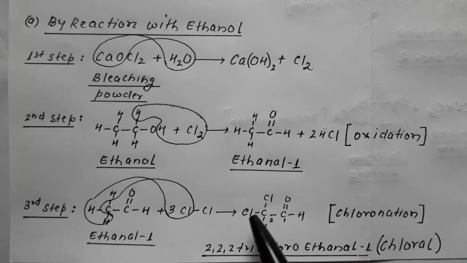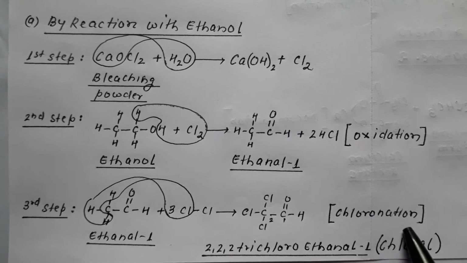It is 2,2,2-trichloroethanal, which is commonly termed as chloral. Now in the resulting product, since chlorine atoms are present in the product, this reaction is termed as chlorination.